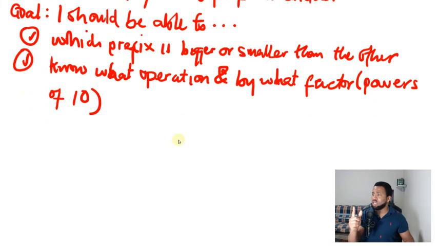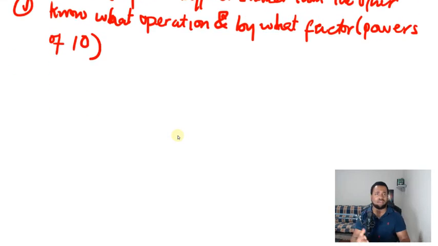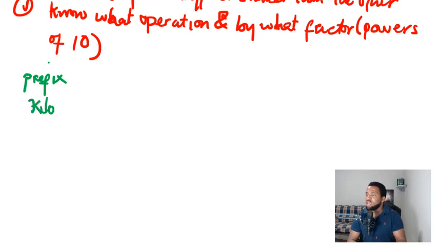What are we talking about here? From our previous video, based on what we know about prefixes, we go from kilo down to hecto, deca, and to our specific unit.